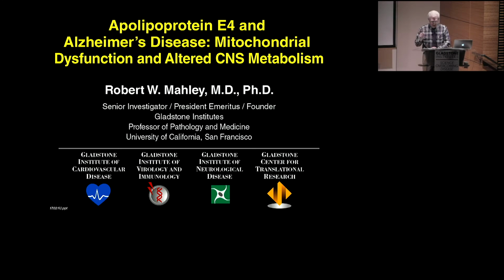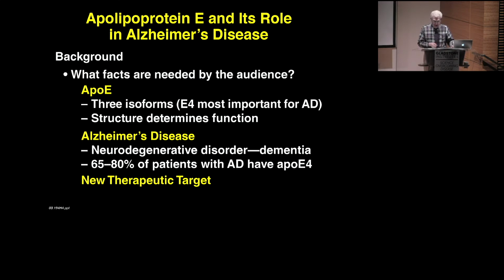So I'm going to explain that to you. You've got to know something about Alzheimer's disease and how ApoE fits into that. And you need to know a little bit about mitochondria and metabolism. I must tell you the facts then.